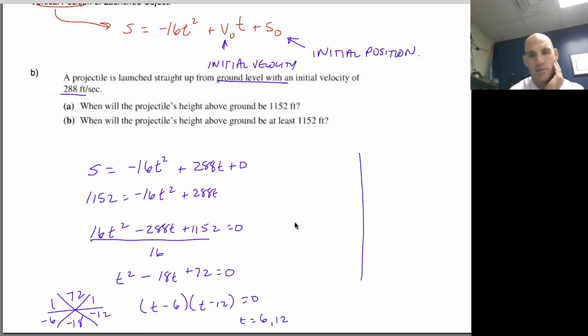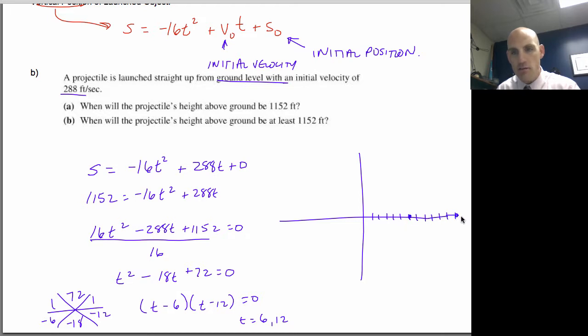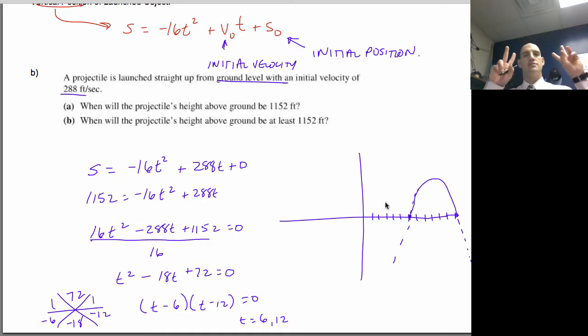Watch. This is the graph, folks. At time 1, 2, 3, 4, 5, 6, 7, 8, 9, 10, 11, 12. At time 6 and at time 12, those are my zeros.